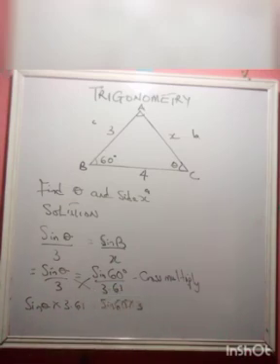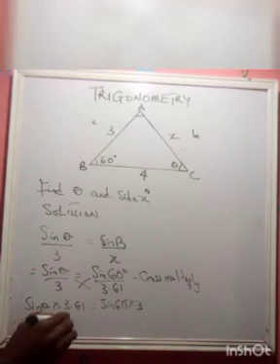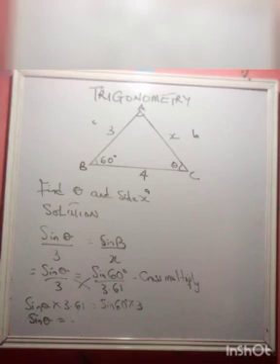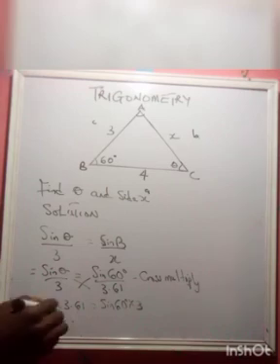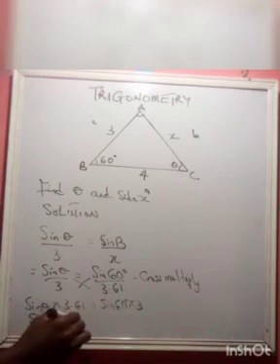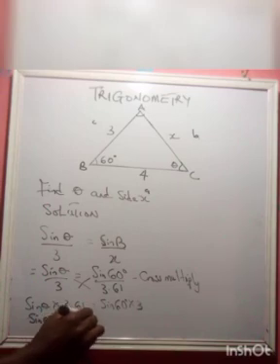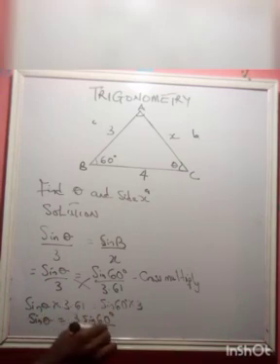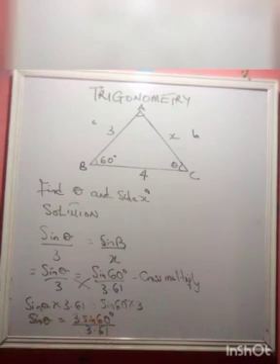So in other words, our sine theta is equal to 3 sine 60 degrees over 3.61. We divided both sides by 3.61.